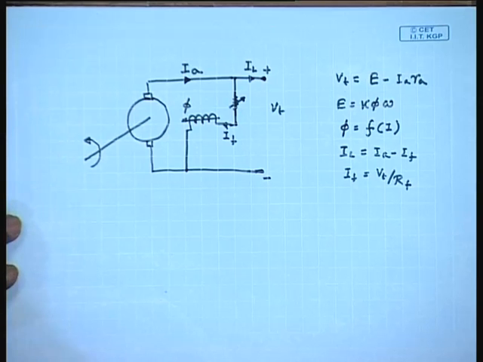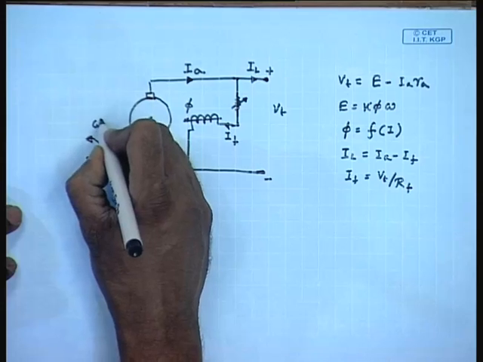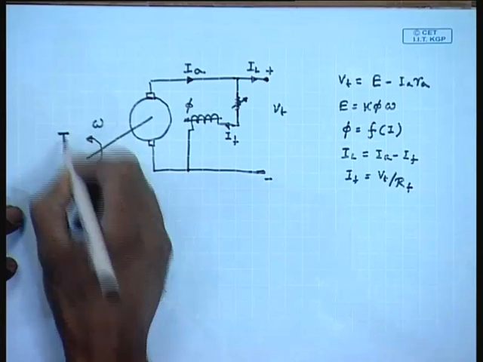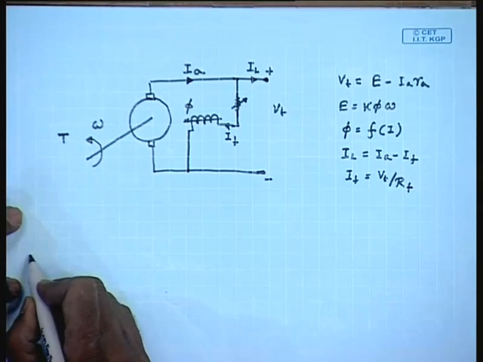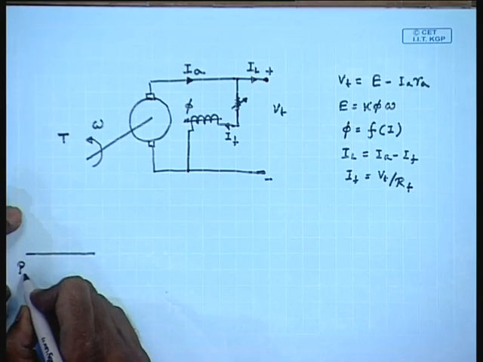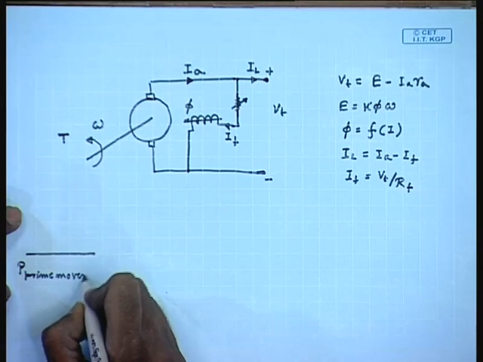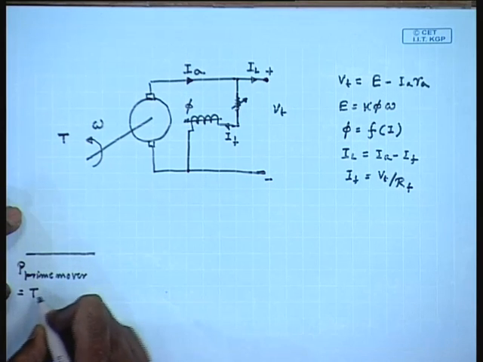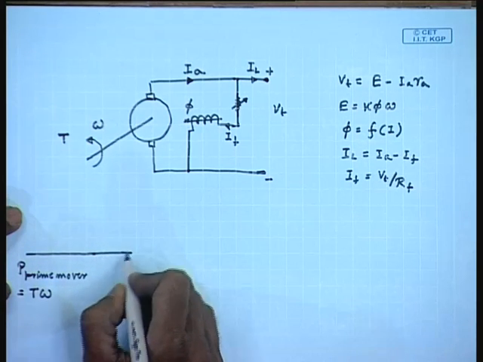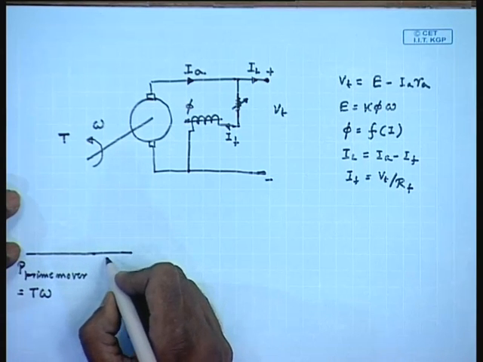If we look at the power distribution, then we find that, let the rotational speed of the shaft be omega and the torque provided by the prime mover be T, then the power output by the prime mover, P mechanical, is equal to T omega. Now, part of the power provided by the prime mover will be lost into mechanical losses, that is friction and windage losses.